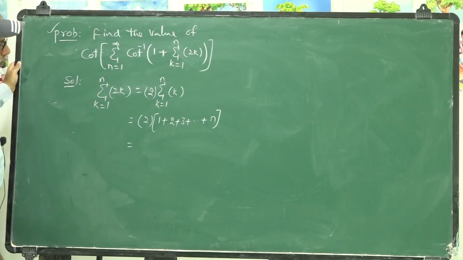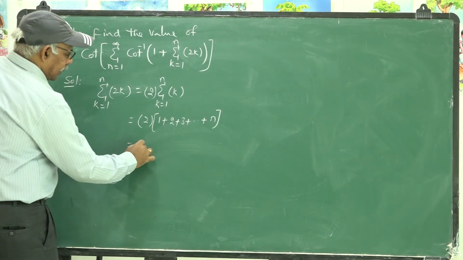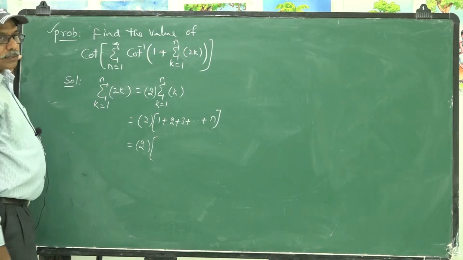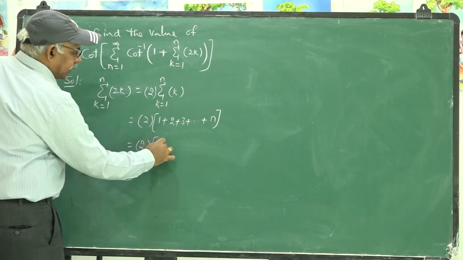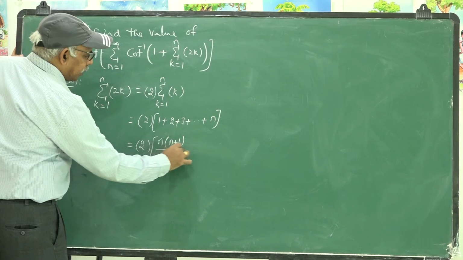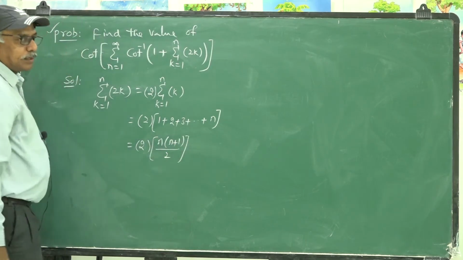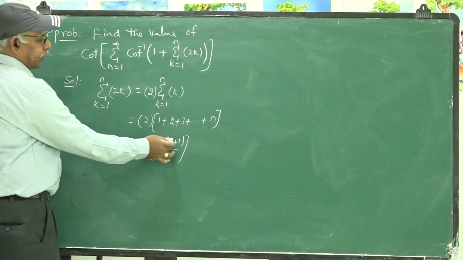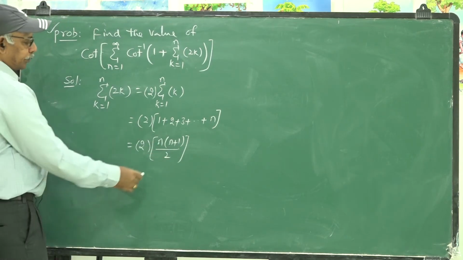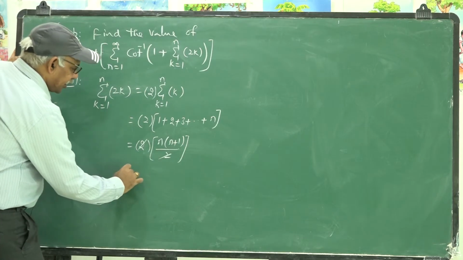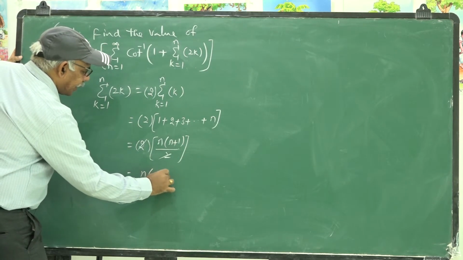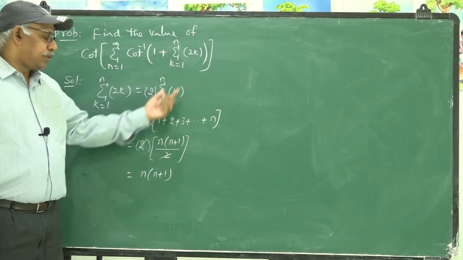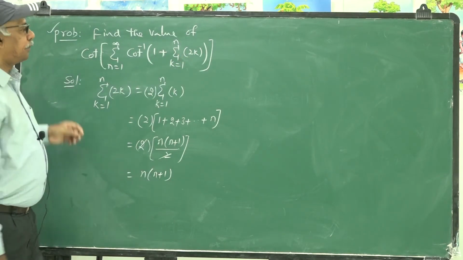That is 2 into the sum of the first n natural numbers. The sum of the first n natural numbers is given by n into n plus 1 by 2. That is the formula for finding the sum of the first n natural numbers, already familiar to you. So remove these 2. So that we get n into n plus 1. So this is the value n into n plus 1.